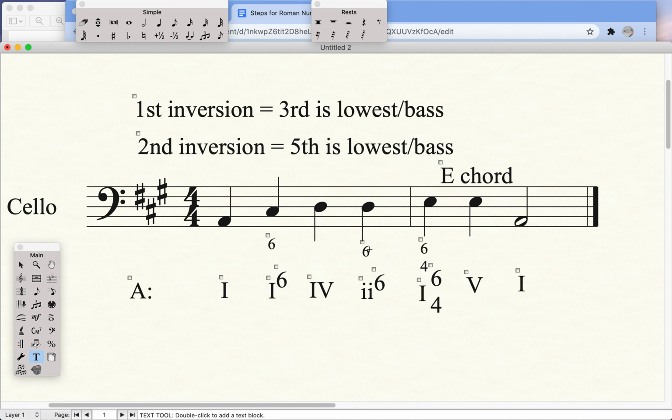When you see one of these little qualifying numbers underneath, like a 6 or a 6/4, you have to remember that this bass note is not the root. So you cannot treat it like the root. You do not use this pitch to determine the Roman numeral. You have to figure that this is a different part of the chord and then use that to figure out the root of the chord. The root is what determines the Roman numeral.